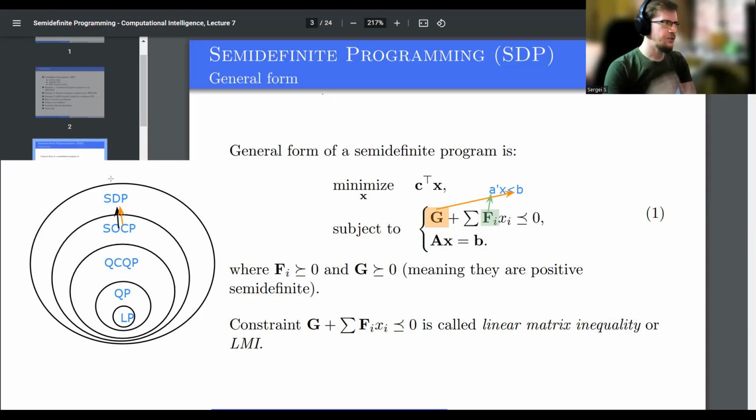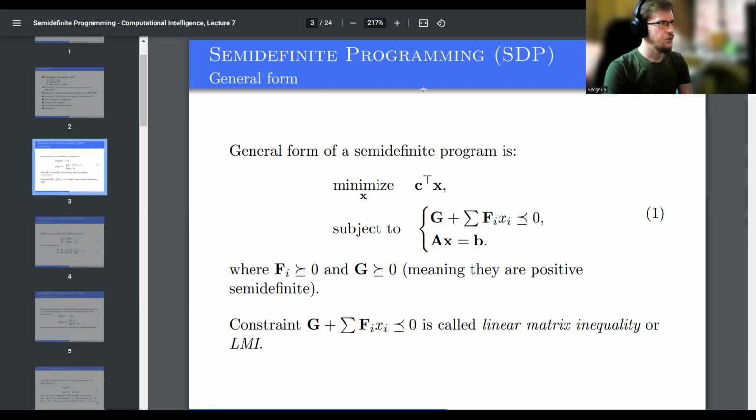And if we prove it, we can prove everything else by inference, because we already proved that SOCP is QCQP, and that QCQP is QP. So as long as we can prove that SDP is SOCP, we are good. We'll do it later.